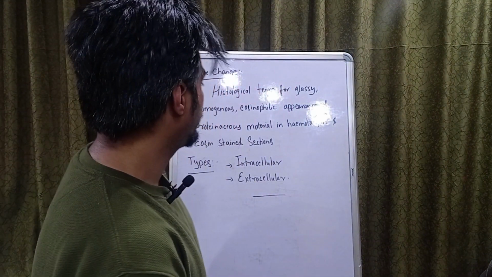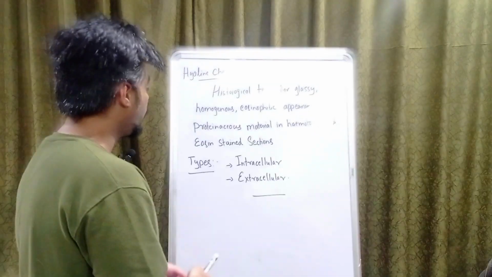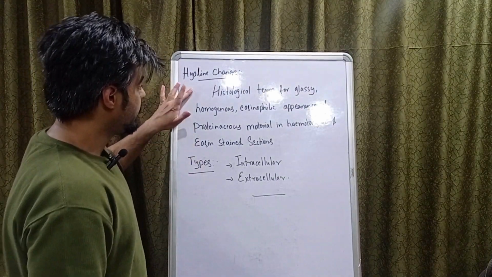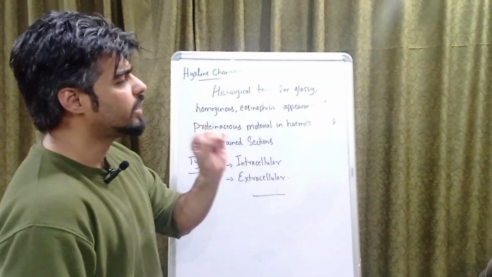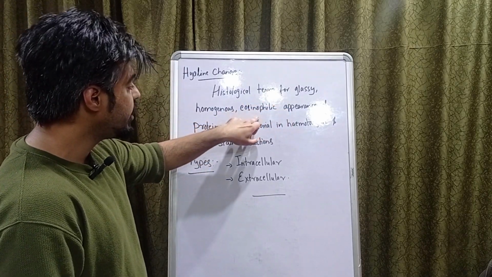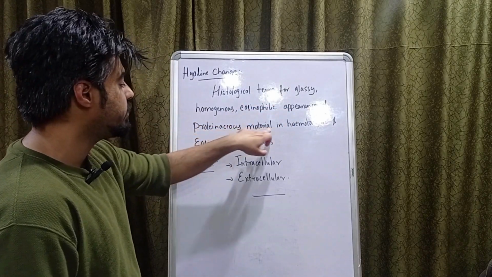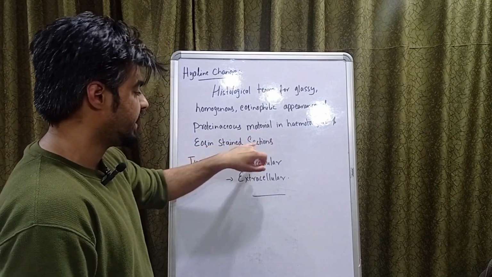So guys, coming to the next topic, hyaline change. What is hyaline change? It is just a histological term for a glassy, homogeneous, eosinophilic appearance of a proteinaceous material that is stained in hematoxylin and eosin sections.